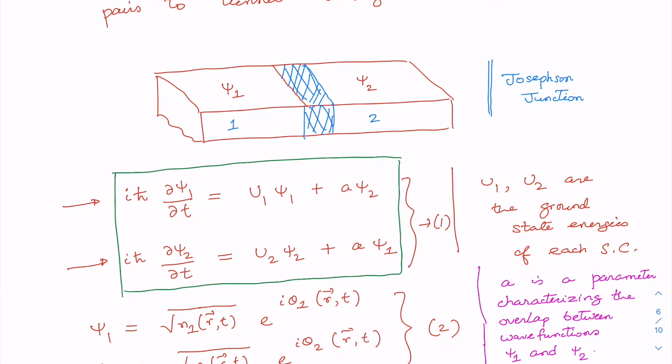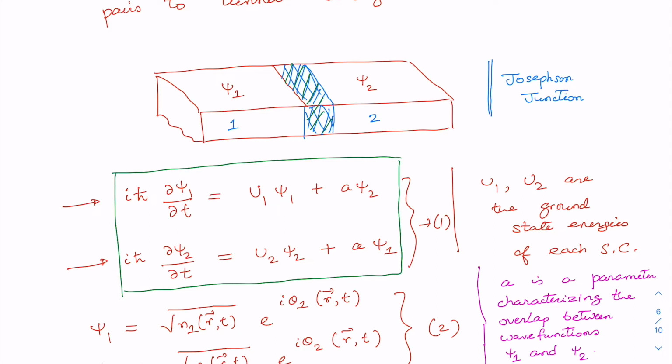We have written this coupled Schrodinger equation for two superconductors made up of the same material, and they are homogeneous, and they are separated by a thin insulating layer.